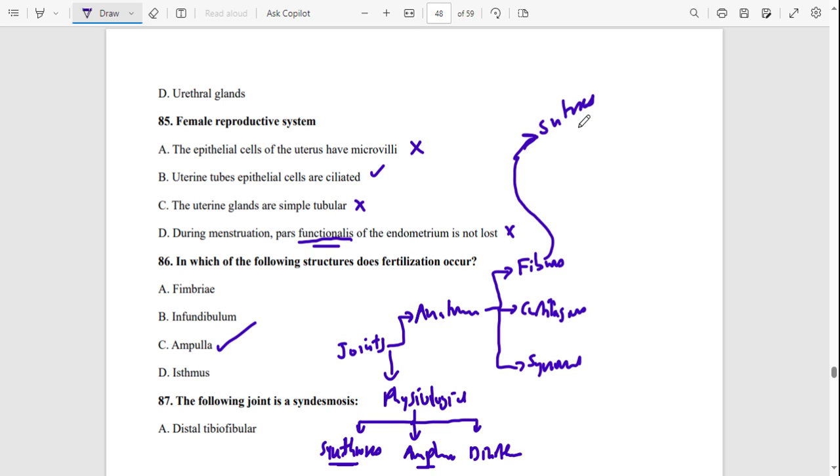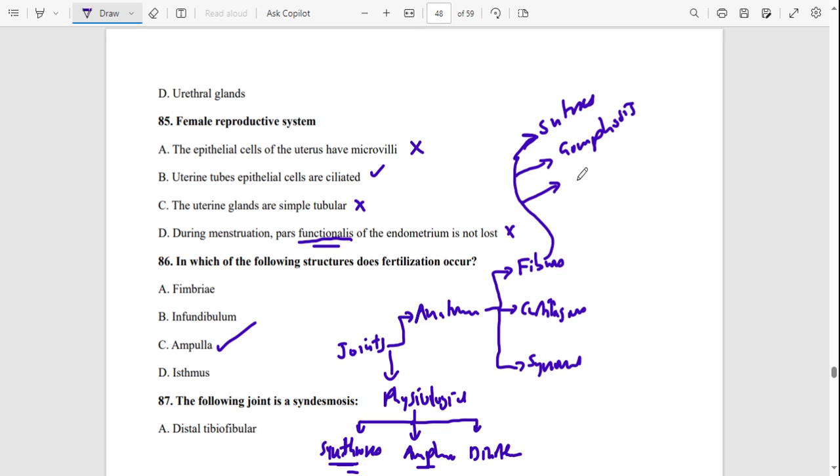Sutures are ones which cannot move in the head. They can also be divided into a gomphosis. Gomphosis is a fibrous joint found on the teeth. The teeth are anchored to the jawbone by gomphosis. They cannot move, same with the suture. So fibrous joints are equivalent to synarthrosis, which can't move.